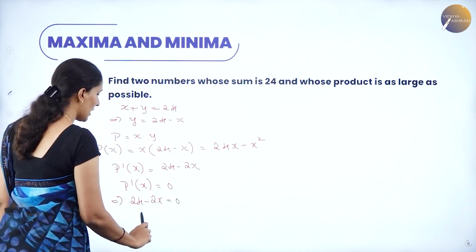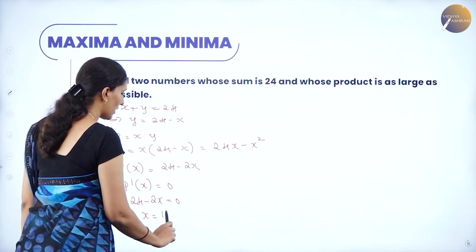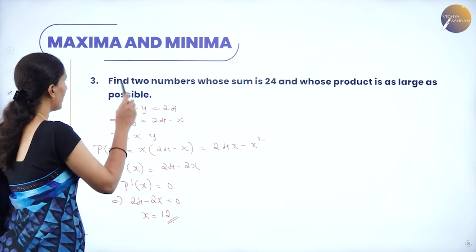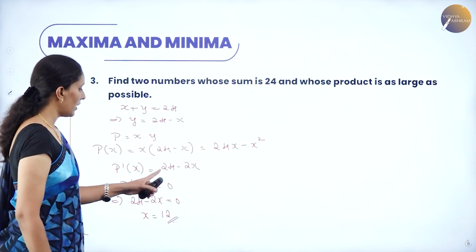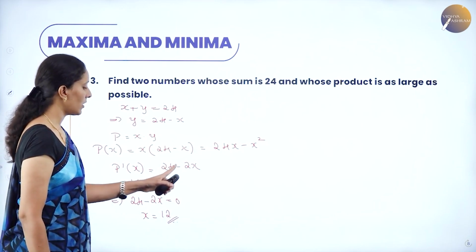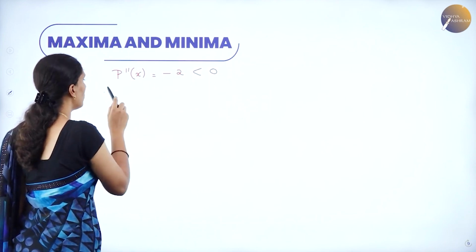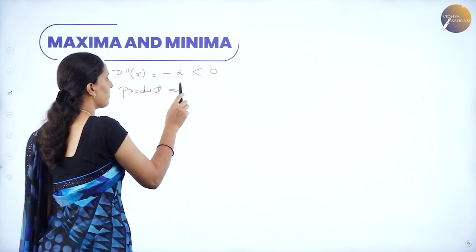Thus, we get x is equal to 24 divided by 2, which becomes 12. Now, let me take the second order derivative. P double dash of x is equal to, derivative of 24 becomes 0 and minus 2x becomes minus 2, which is less than 0. So, therefore, the product attains maximum.